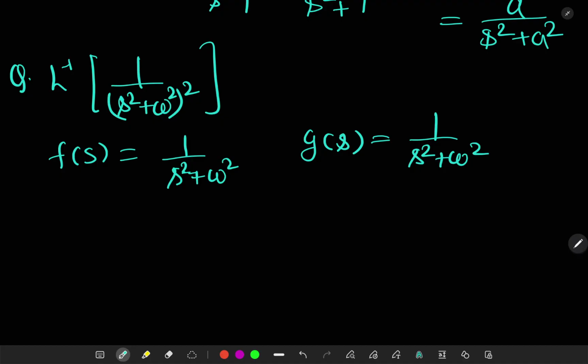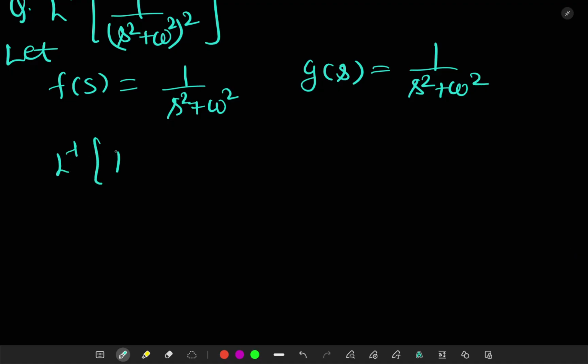For this type of question, we need to let F(s) and G(s) be the values in the question. If we multiply F(s) and G(s), this becomes 1 by (s square plus omega square) whole square.